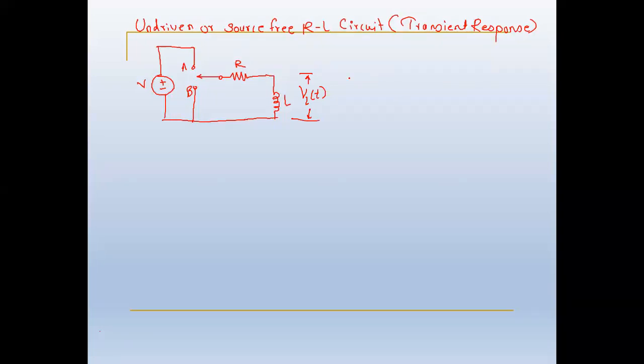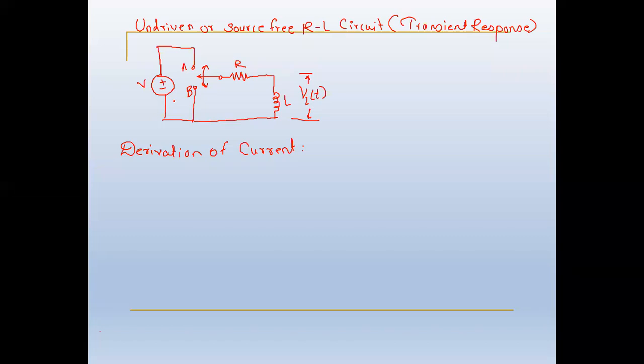Okay, now to start with, let us begin with the derivation of current. Consider that initially the switch is connected to point A for a long time period.